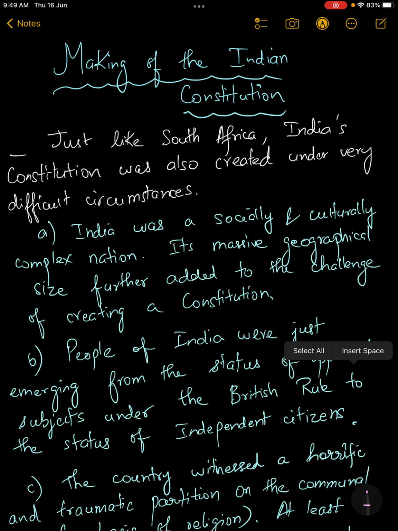At the end of the day, we are all Indians, and it is very important for us to understand the Indian context of how the constitution came to exist, what were the challenges to the creation of the constitution, and so on.